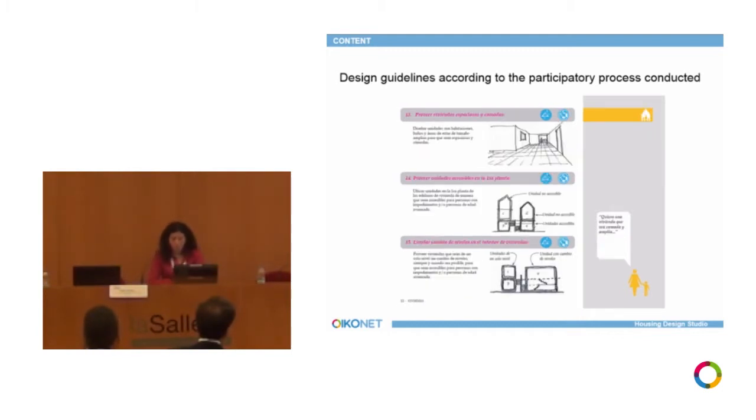They also talked about their apartments, how they want bigger spaces, and about the heights of the buildings, and about the sun and about the winds, and all of that they realized just with that participatory process with the model.